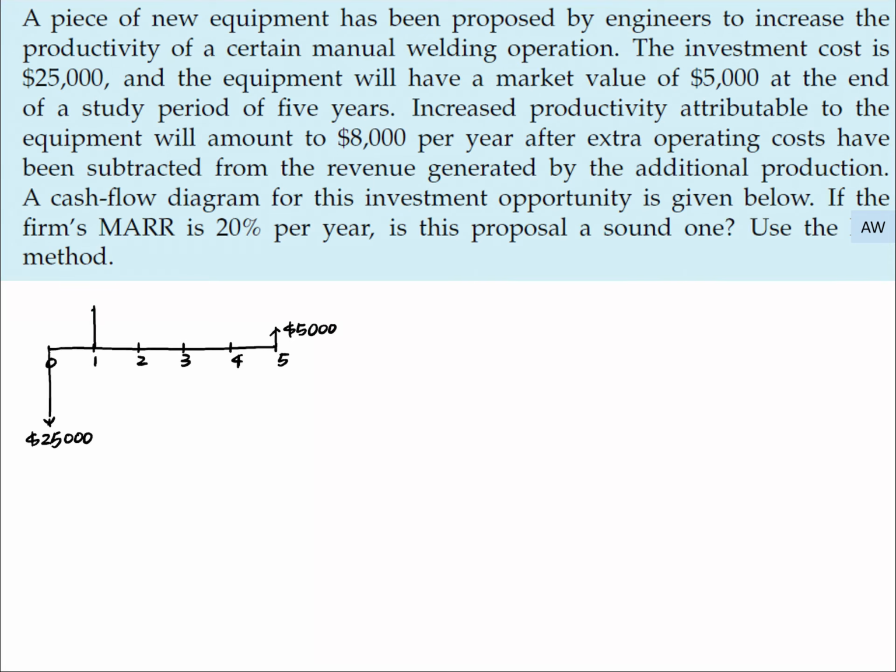That is your 25,000 initial payment for the equipment, and then you have 5,000 salvage, and another 8,000 annuities going on, and your MARR is 20%.